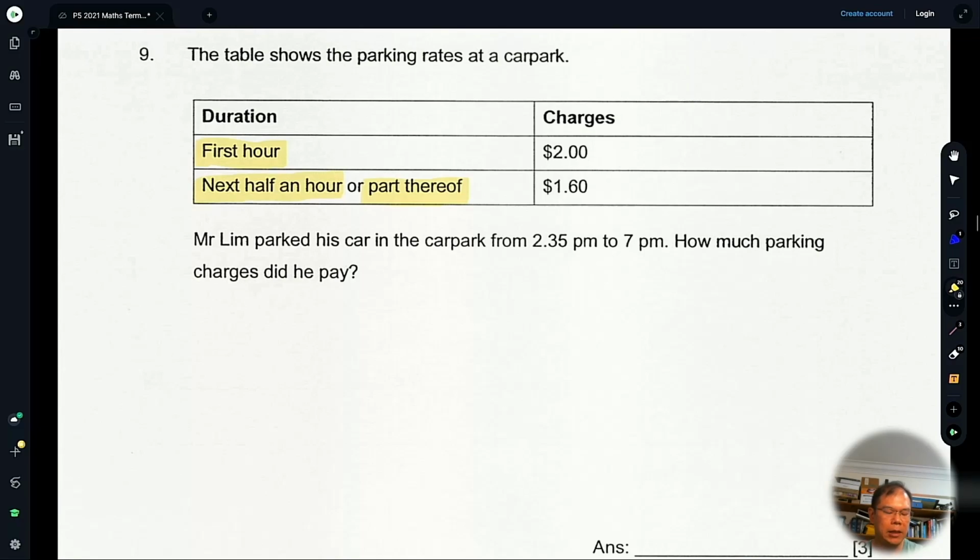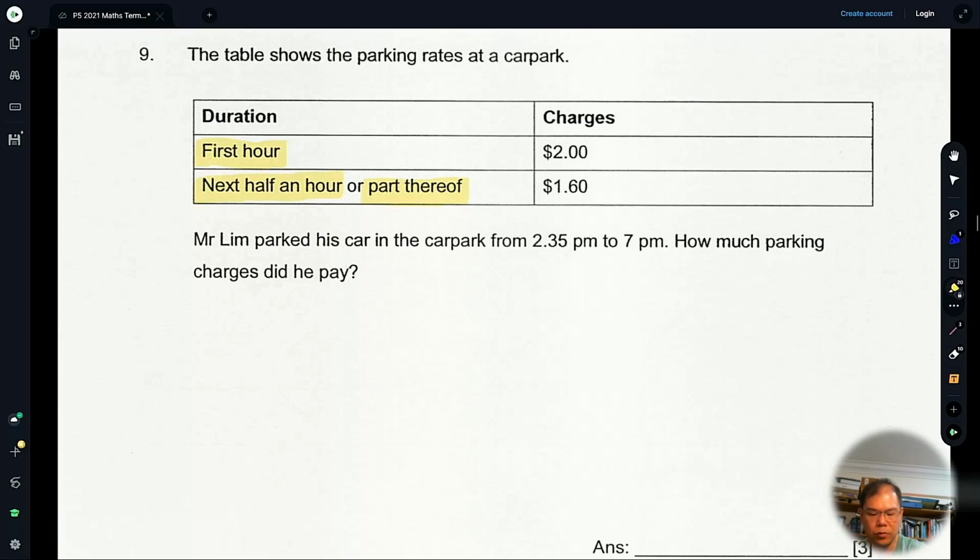Part thereof just means the whole block of 30 minutes. They'll charge you no matter what if you park beyond the first hour. Anything beyond that will be charged in blocks of half an hour, right?